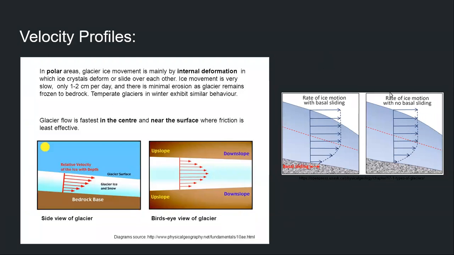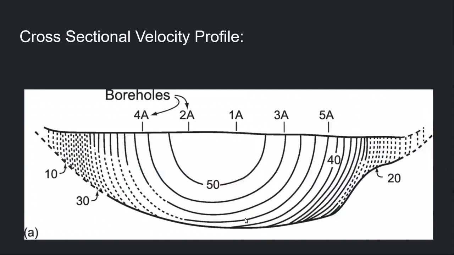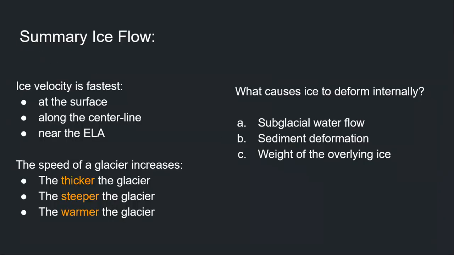And that's what the velocity profile of the ice looks like from a side view, where it's slowest at the interface with the rock. That's what a cross-sectional velocity profile looks like, with, again, concentric circles. The further away you get from any kind of friction, the faster you are. So that's just a small summary of the ice flow.